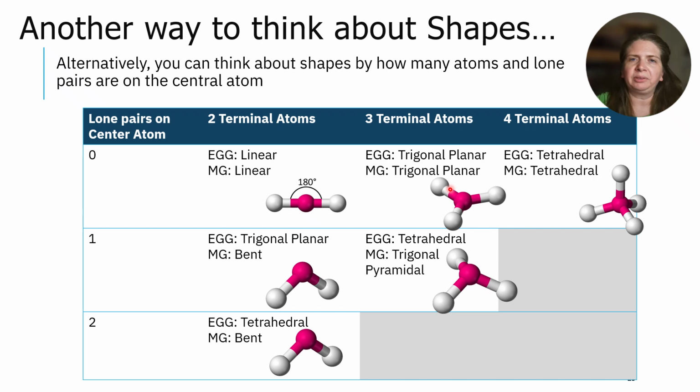For molecules with 3 terminal atoms, both possible molecular geometries begin with the word trigonal. If there's no lone pairs, the molecular geometry is trigonal planar because the molecule is flat. If there are 3 terminal atoms and 1 lone pair, giving a total of 4 electron groups, the molecular geometry is trigonal pyramidal. If there are 4 terminal atoms, the molecular geometry is tetrahedral. That is the only possibility we will be studying in this course.